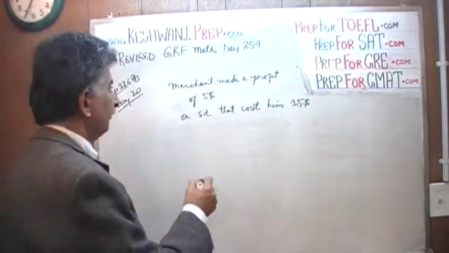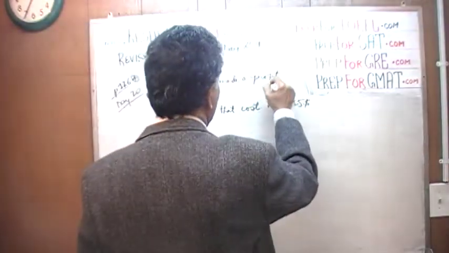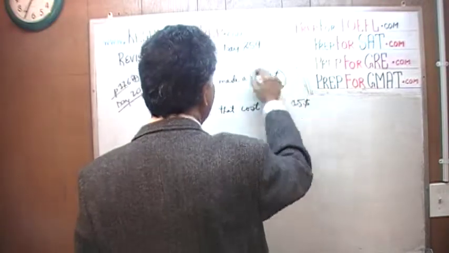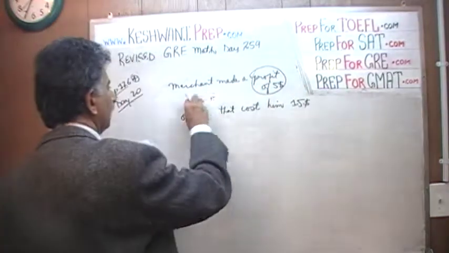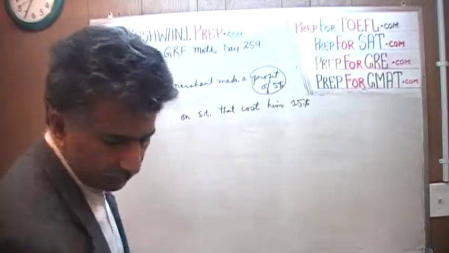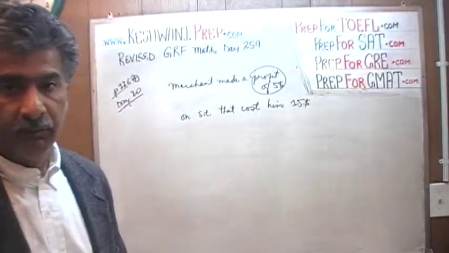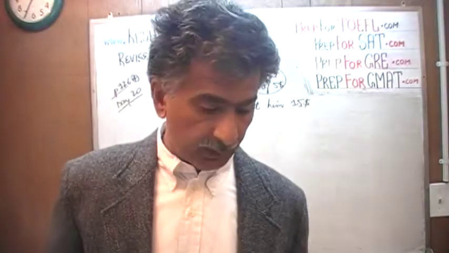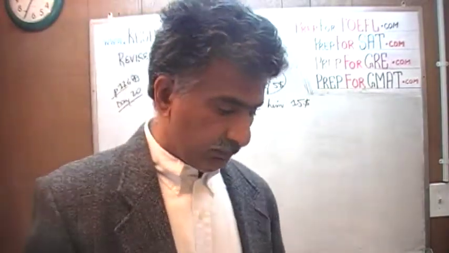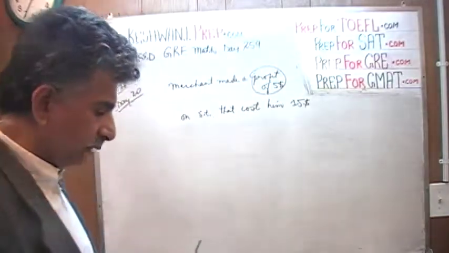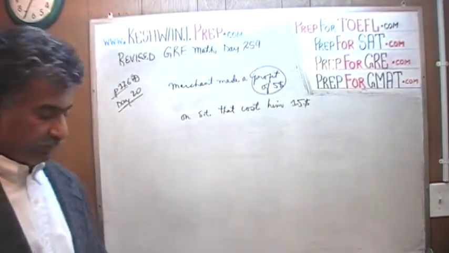Well, if he made a profit of $5 on something that cost him $15, he must have sold it for $20. The question simply is, what is his profit as a percentage of the cost? They're not talking about a price, but as a percentage of cost.